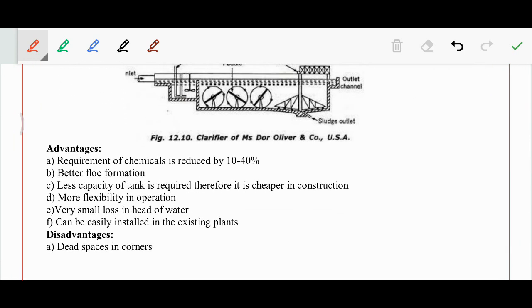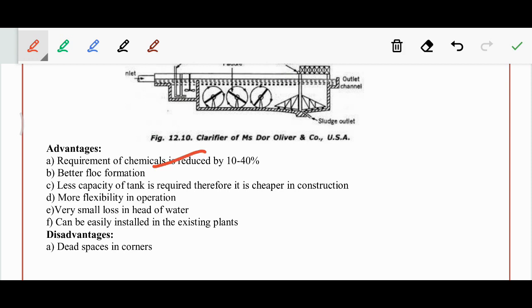So what are the advantages, sir? There are a few advantages and disadvantages. The requirement of chemicals is reduced by 20 to 30%. If you know the optimum dose and the amount of sludge or flocks generated, you can reduce the chemical, that is coagulant, in clarifiers.